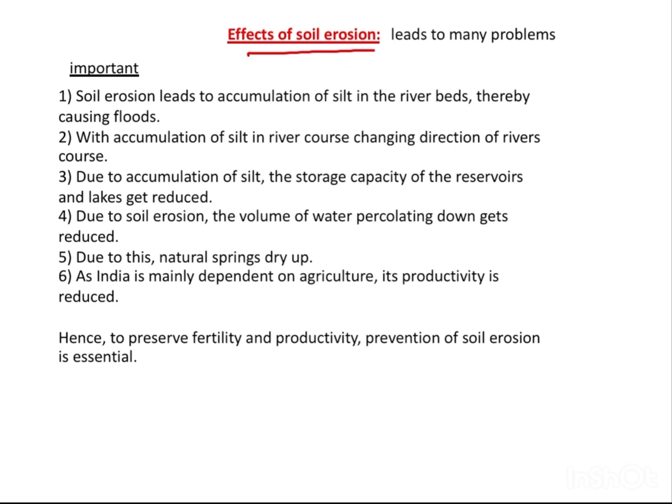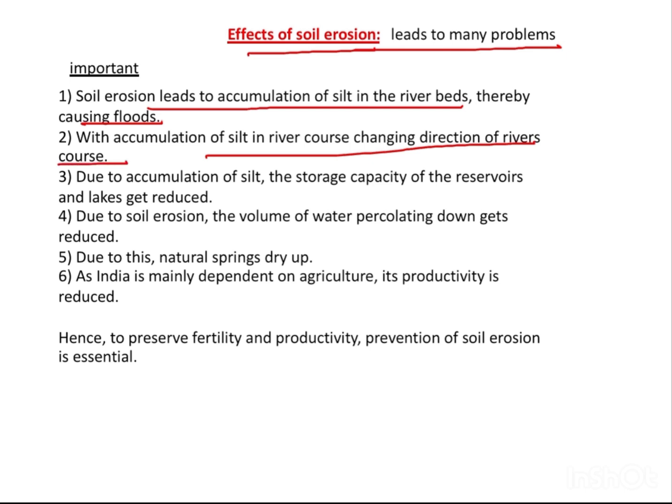Effects of soil erosion. Soil erosion leads to many problems. It leads to the accumulation of silt in the river beds, that is deposition of silt on the lower bed of the river, that causes floods. This accumulated silt also changes the course of the river, and the deposited silt reduces the storage capacity of reservoirs and lakes.